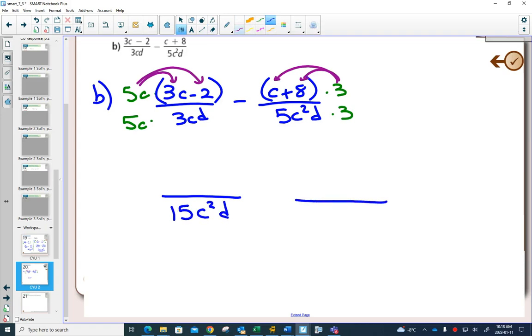I like color coding. We have to distribute in the top, so I will get 15c squared minus 10c. And here I'm going to get 3c plus 24.